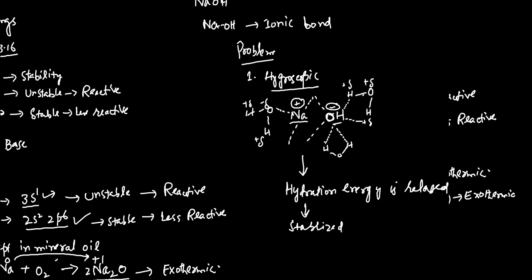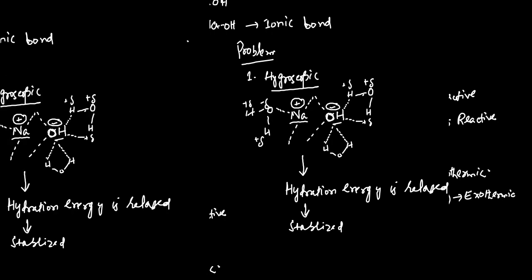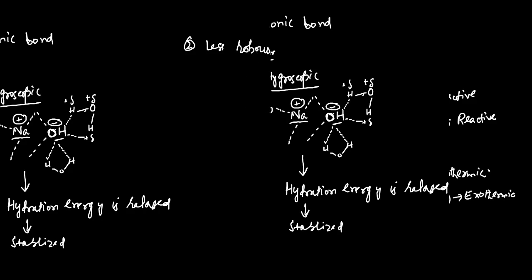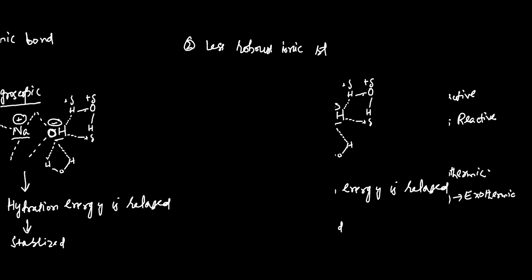The second problem with the sodium hydroxide is this: it's a less robust ionic structure. There is the lattice crystal structure, but that is not a very robust one. The problem is that you have a size difference between sodium and hydroxide ions.